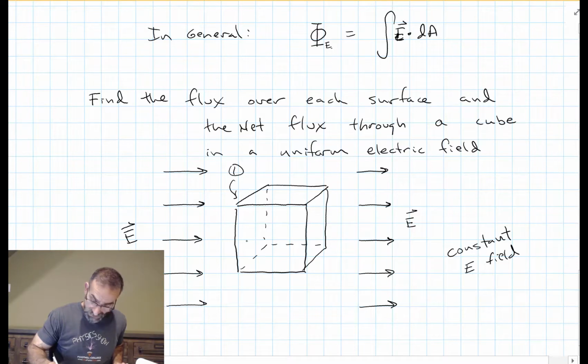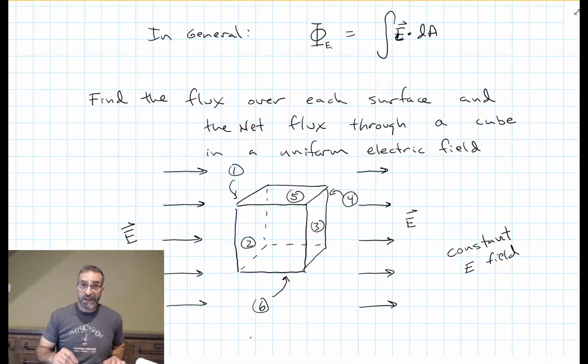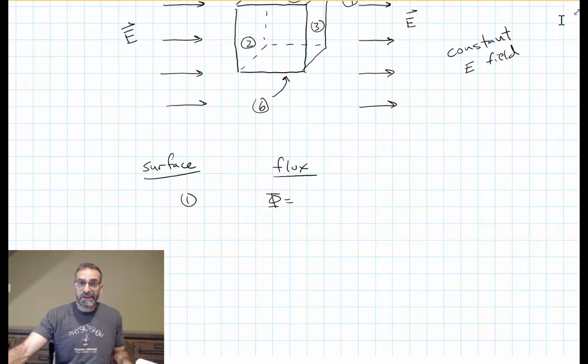And how about the face we'll call 2 and 3 and 4, and then 5 can be the top and 6 can be the bottom. So we've numbered all 6 sides of our cube. Find the flux through each of those 6 sides and the net flux through the cube. Now that you've done them, I'll go through and do them, and we'll see if we get the same answers.